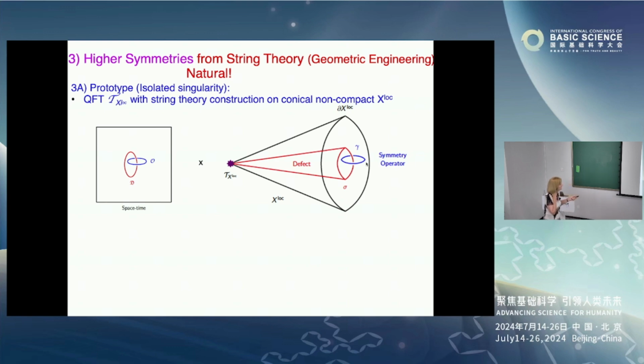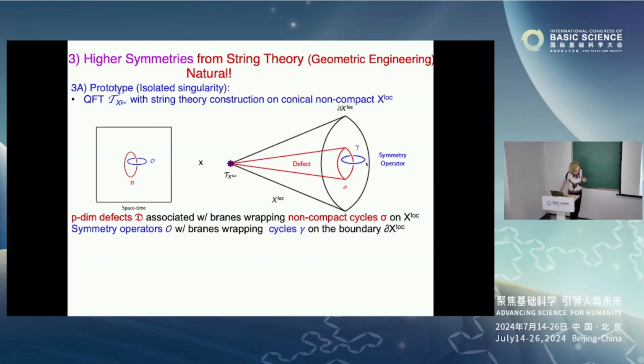So the quantum field theory in the resulting spacetime is associated with the singularity at the bottom of this cone. Now, the interpretation of defects in this picture is that defects are generated via branes wrapping relative non-compact cycles that extend all the way to the boundary.